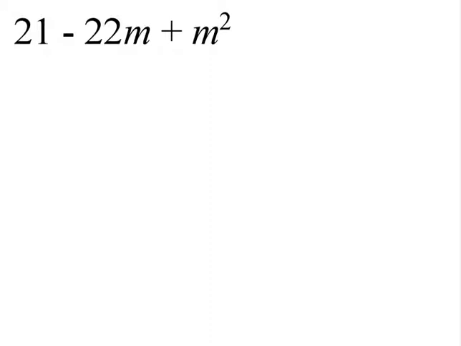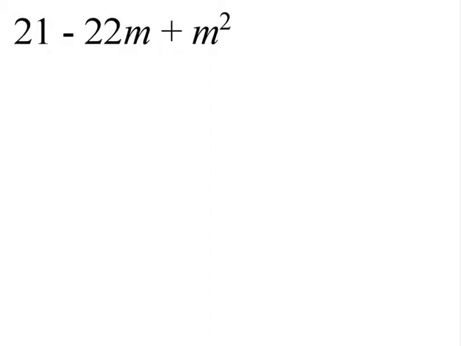So go ahead, write that in standard form, and then we'll go ahead and... Now, if you get stuck, it might help to actually go through and write down the factors like we did on that very first one.